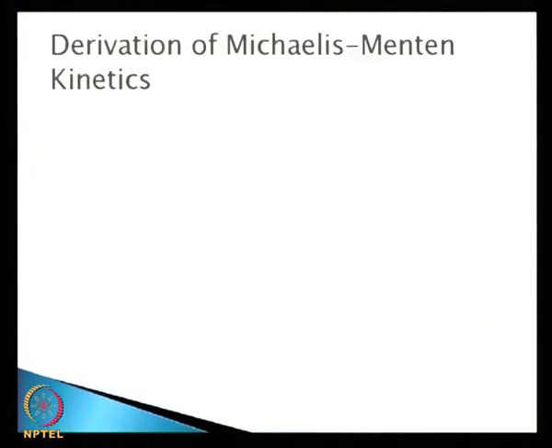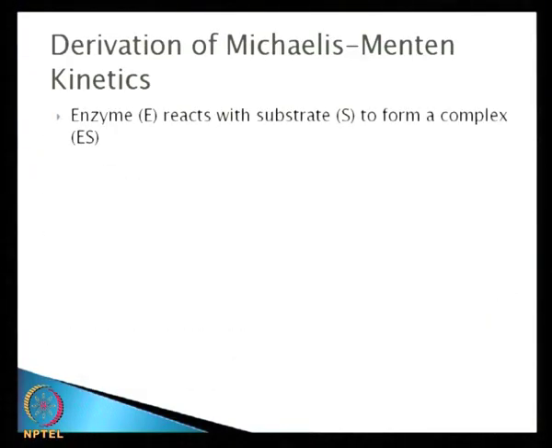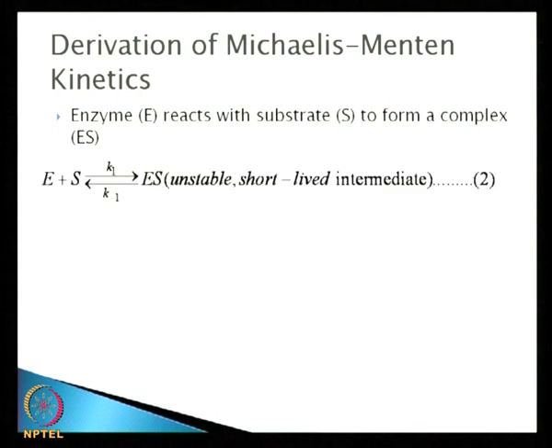So, now let us get our pen down to the paper and try and write this reaction. Done? Okay. So, this is the reaction as it turns out. Which is that E, the enzyme, reacts with the substrate reversibly to form the complex ES, okay, and the forward rate constant here I have put as K1, and the backward rate constant I have put as K minus 1.